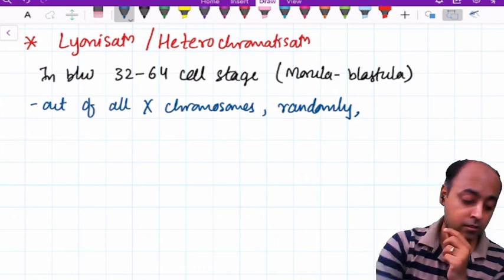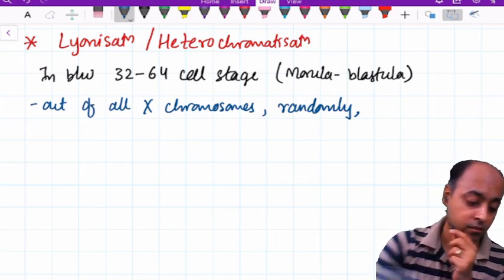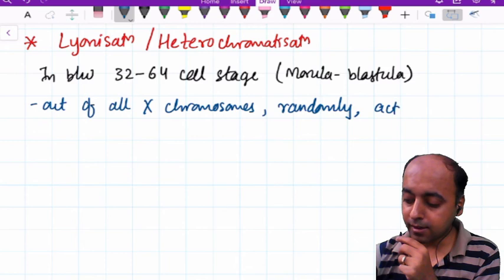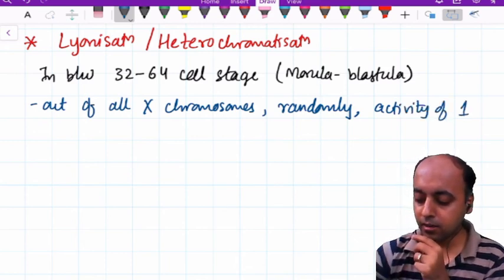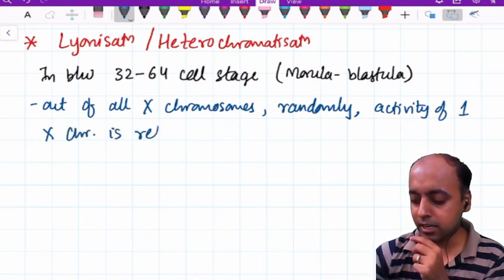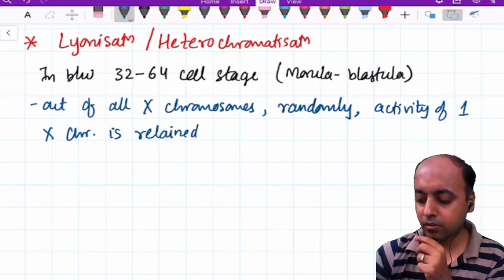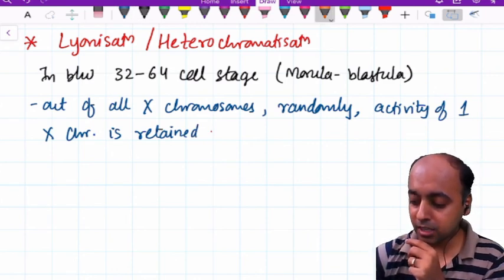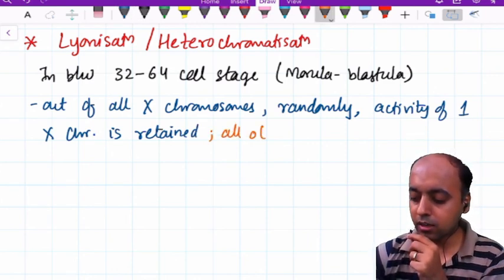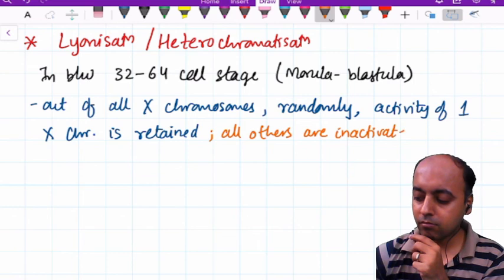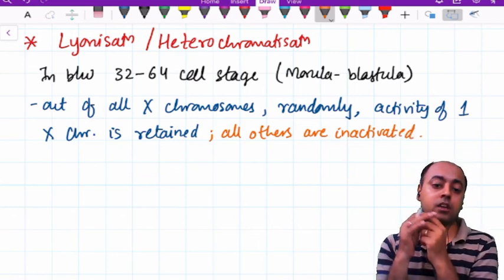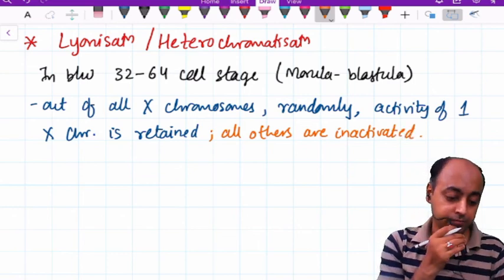The activity of one X chromosome is retained. So obviously at the same time all others are inactivated. All others are inactivated. Okay.